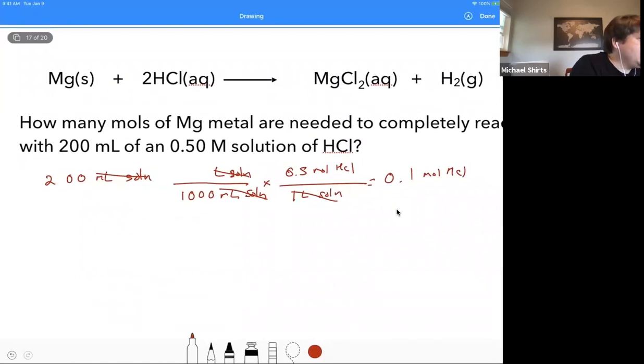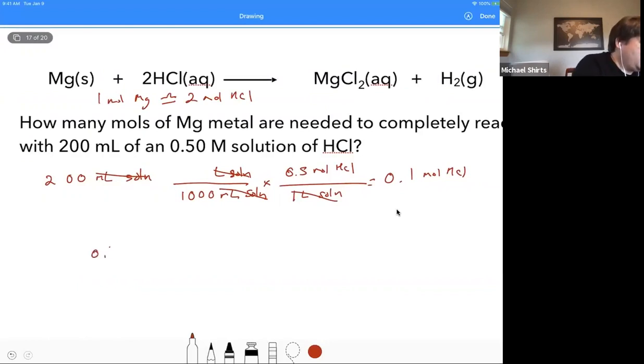And now looking at this stoichiometrically, one mole of magnesium is stoichiometrically equivalent to 2 moles of HCl.